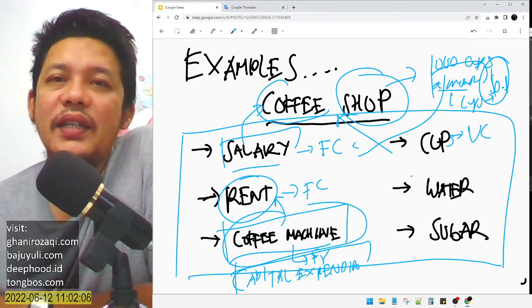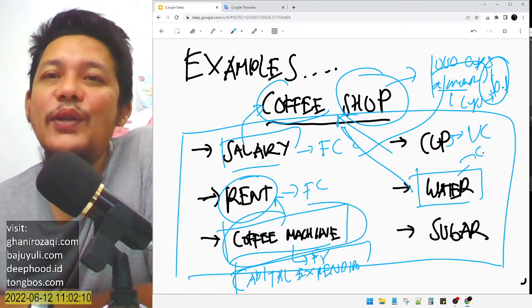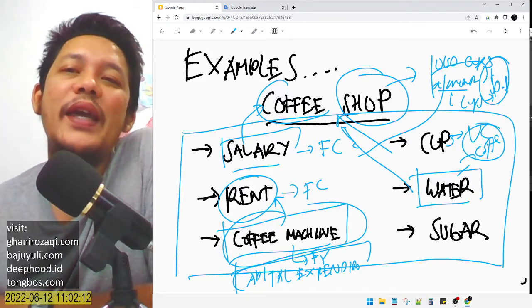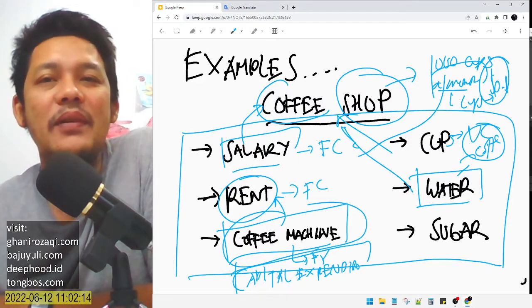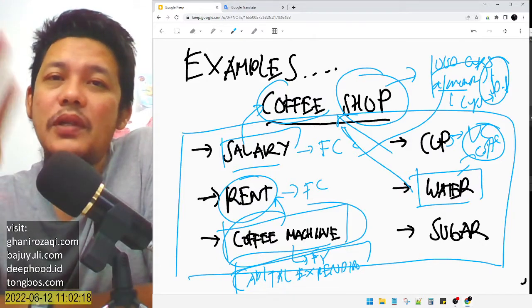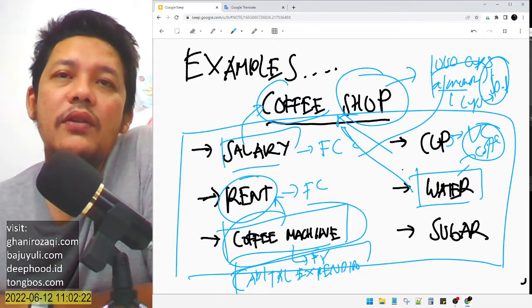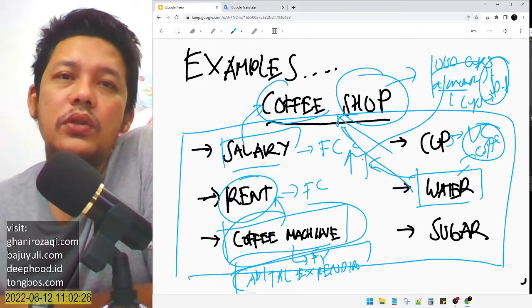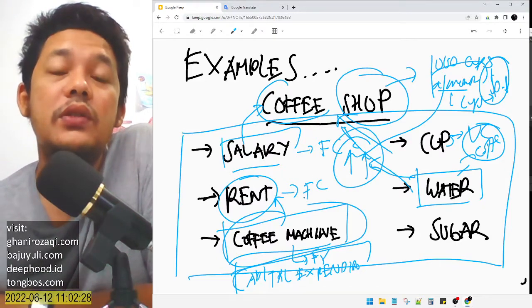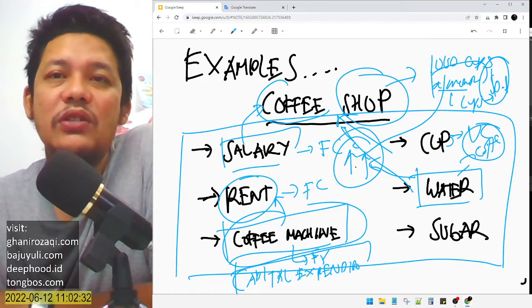And then the water for the coffee. I don't know how much water is needed to make one coffee, maybe just a little, but the concept is if your coffee shop increases the output, the consumption of water also increases. Maybe that causes an increase in your cost.